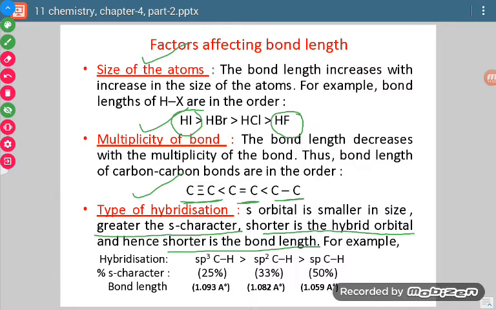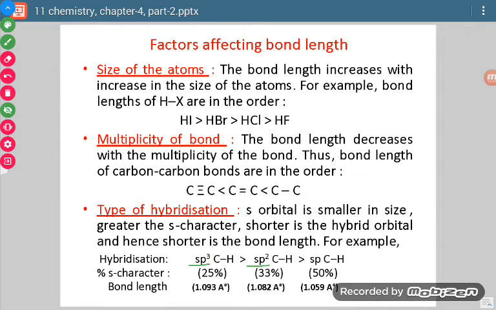There are so many types of hybridizations, but here we will be discussing sp3, sp2 and sp hybridization. sp3 means one s orbital and 3 p orbitals have combined, so total orbitals combined are 4. To check s character, just like we calculate percentage, we calculate here.